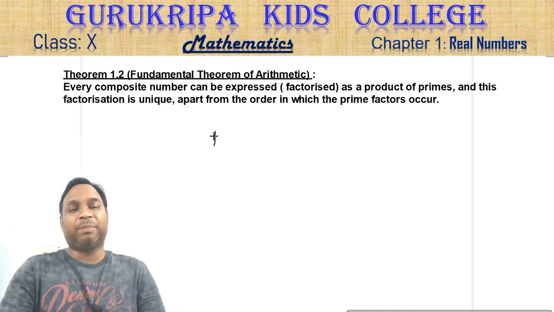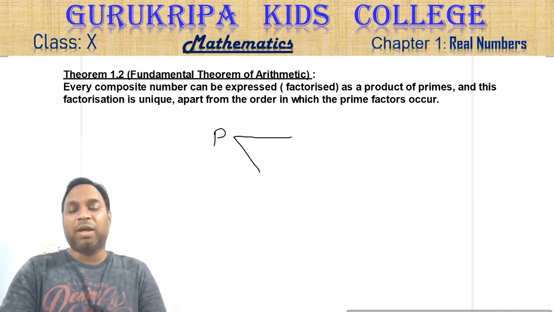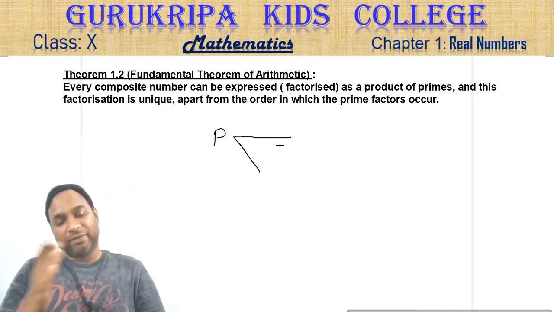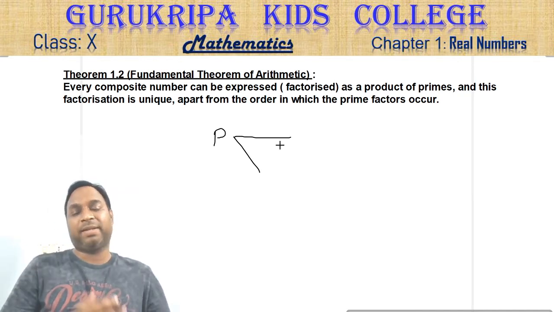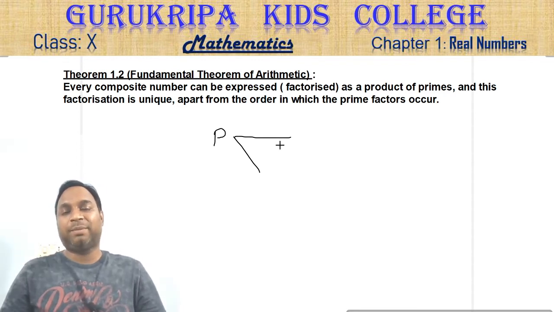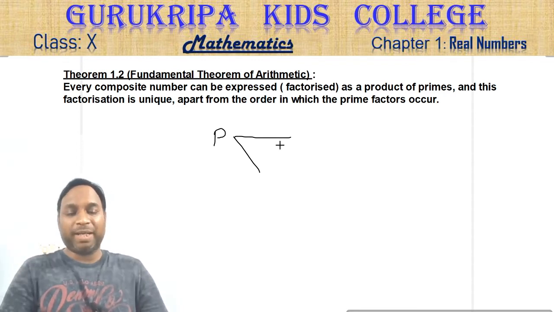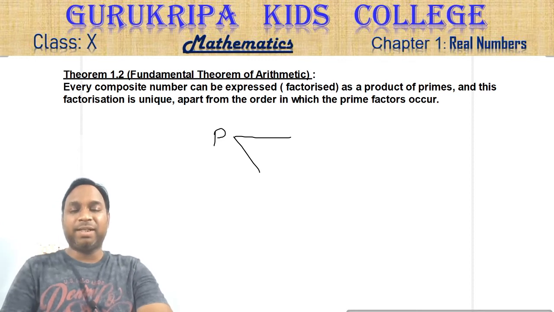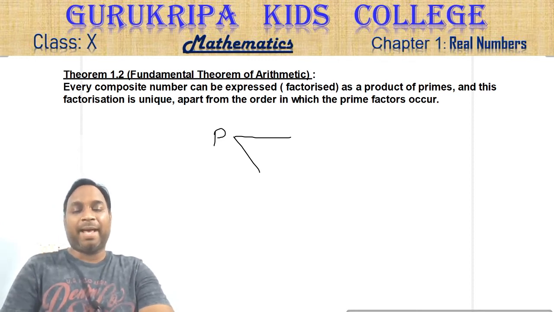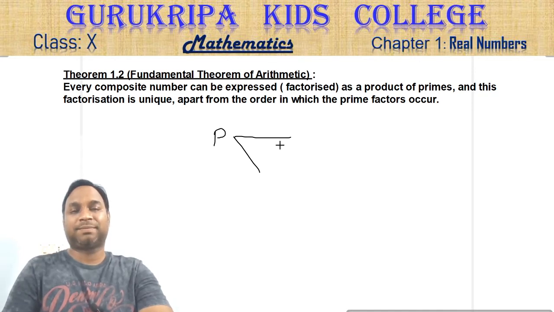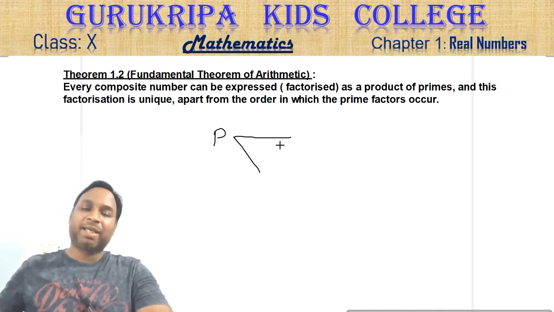Take any number n, it can be divided by some prime numbers or it cannot be divided. If the number is prime, it cannot be expressed as a product of other prime numbers. If it is not a prime number, it can definitely be expressed as a product of some other prime numbers. Are you getting my point?